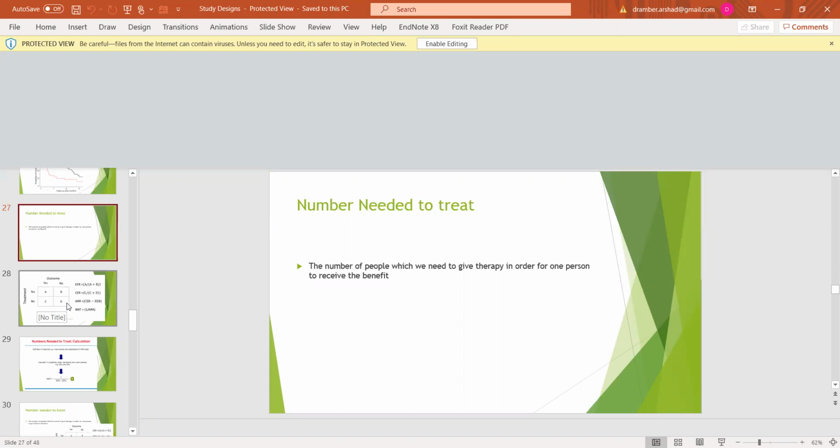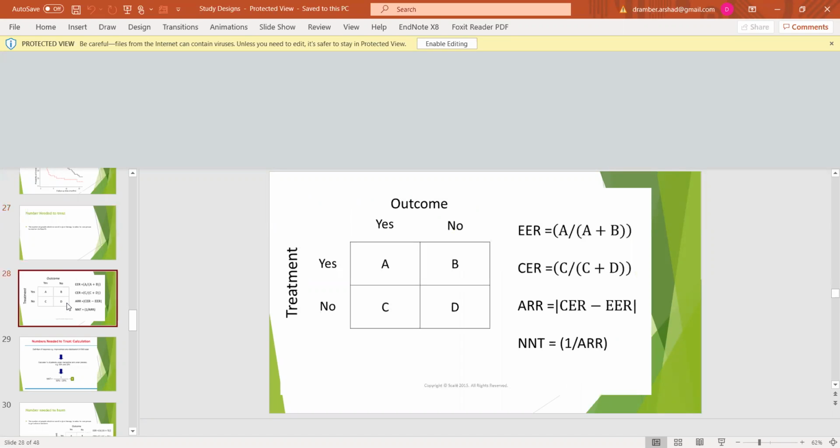So one way to express the outcome of a clinical trial is number needed to treat. Number needed to treat is the number of people we need to treat to get one benefit. For example, if we are treating 5 people, only one of them will get benefit. This is a table. Treatment and the outcome is shown.